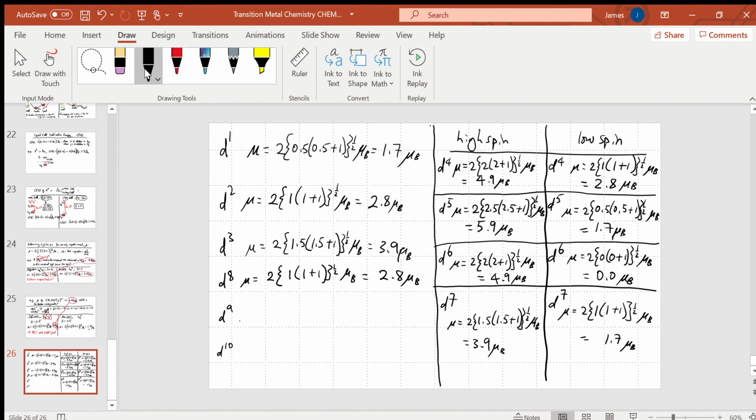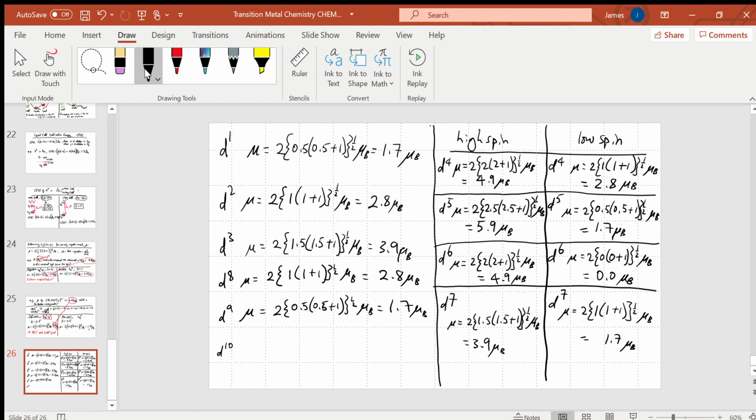D9, we have spin only magnetic moment, 2. Here the overall spin is a half, so 0.5, 0.5 plus 1, square root Bohr magneton, which is 1.7.